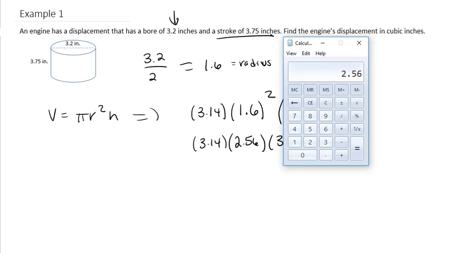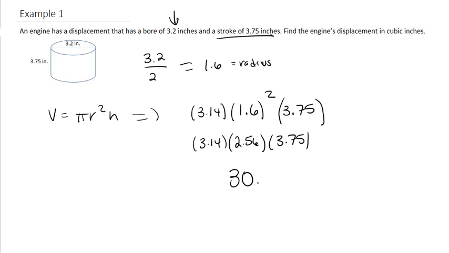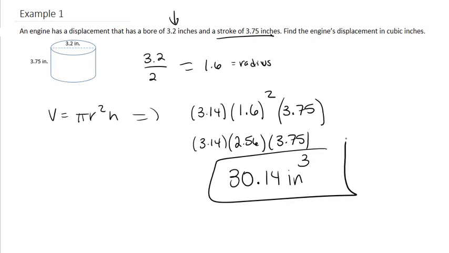And then let's finish multiplying all of it out. So times 3.14 times 3.75, which is then equal to 30.14. And this is inches cubed. So let's do another example.